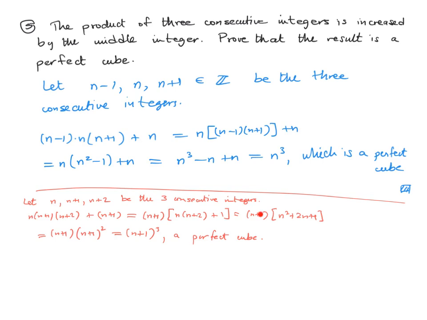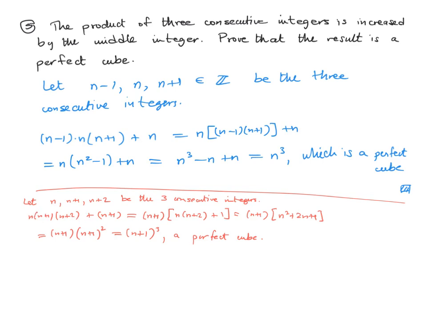And then distributing it out to be n plus 1 times n squared plus 2n plus 1, and then recognizing that this is a binomial square, so this n plus 1 is still here, and this n squared plus 2n plus 1 is really n plus 1 quantity squared, and that becomes n plus 1 quantity cubed, which is a perfect cube.